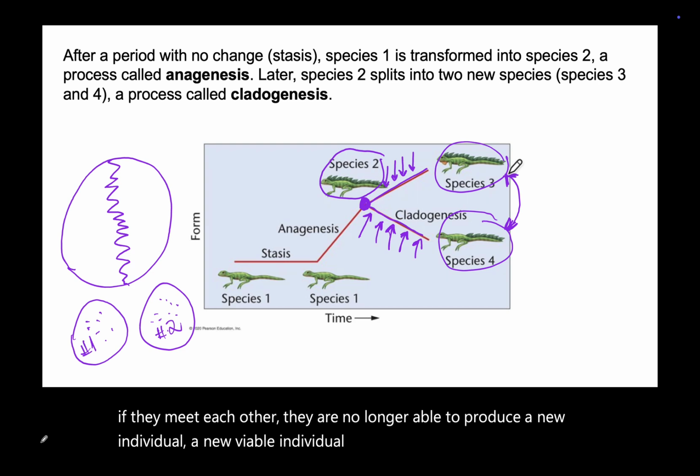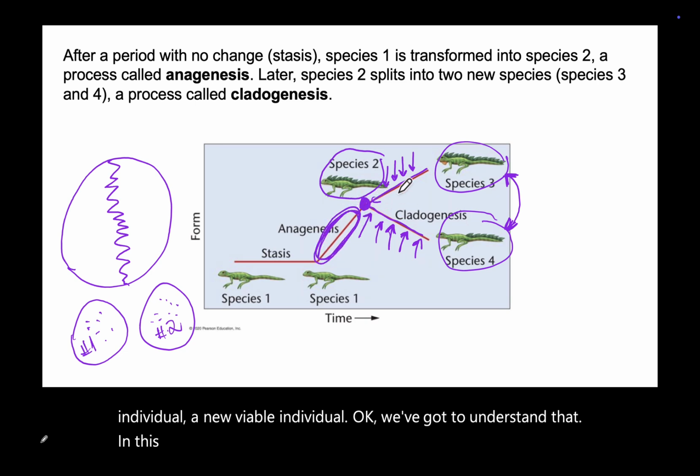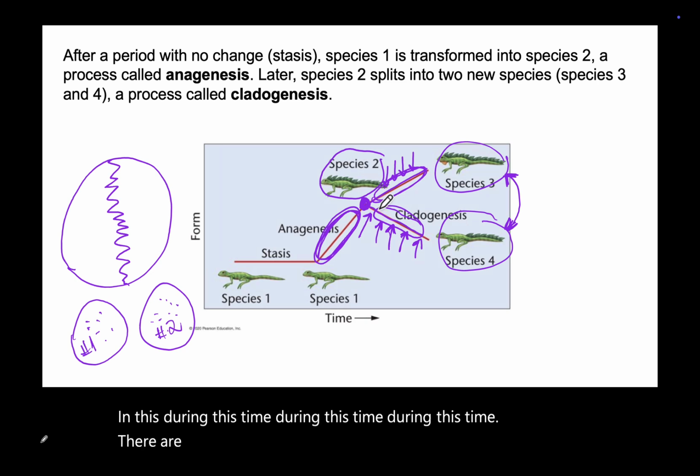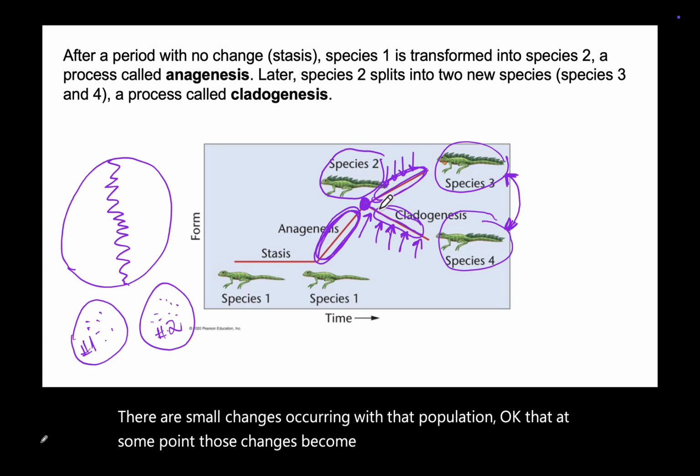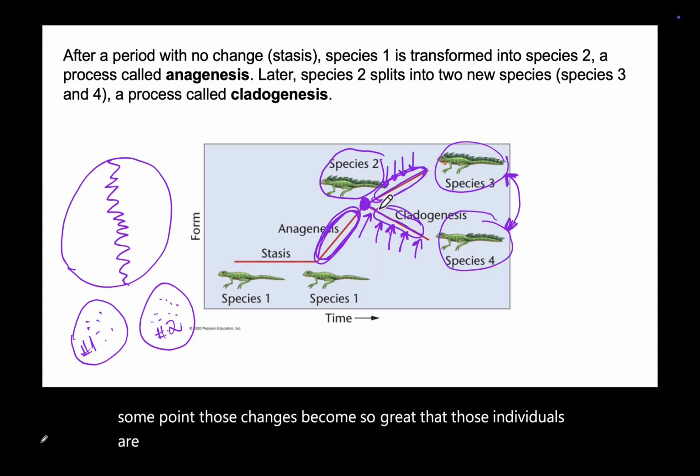We've got to understand that during this time, there are small changes occurring with that population. Okay? That at some point, those changes become so great that those individuals are not the same, and we categorize them into two different species.